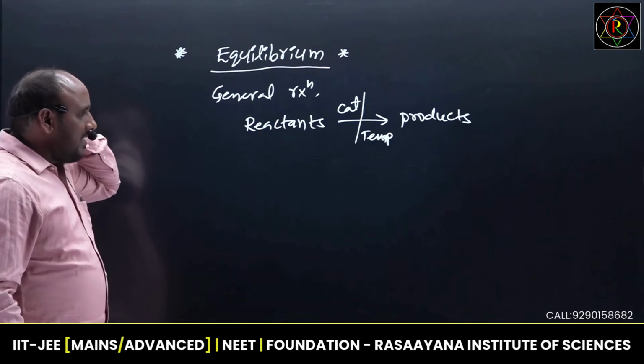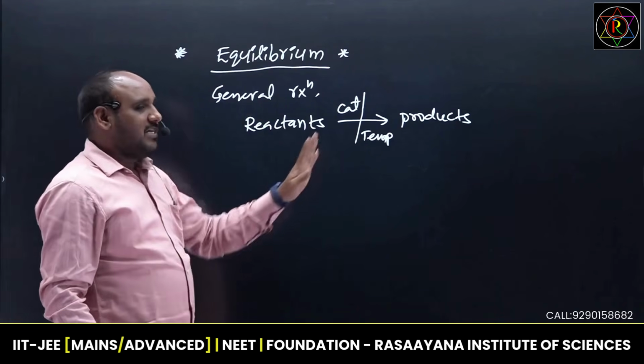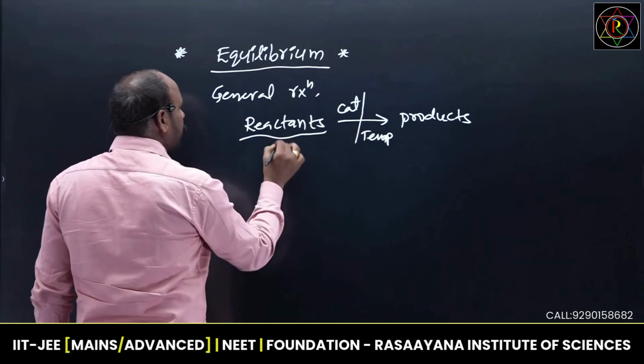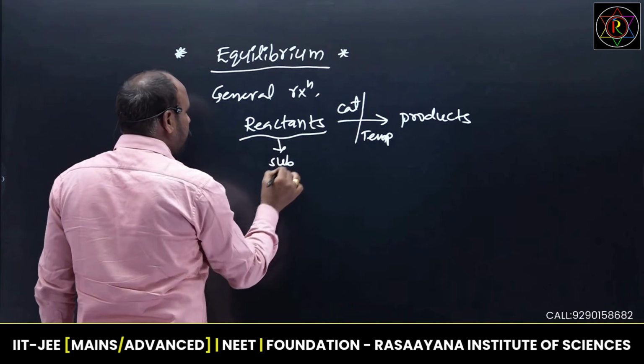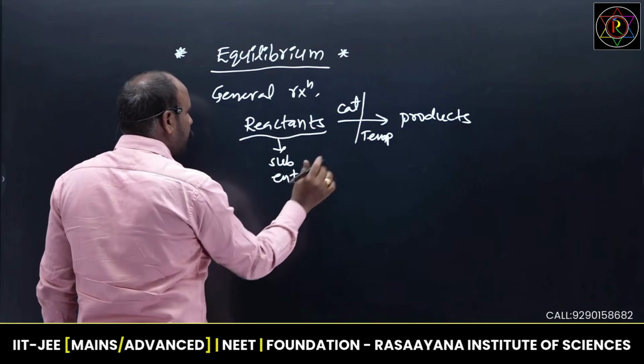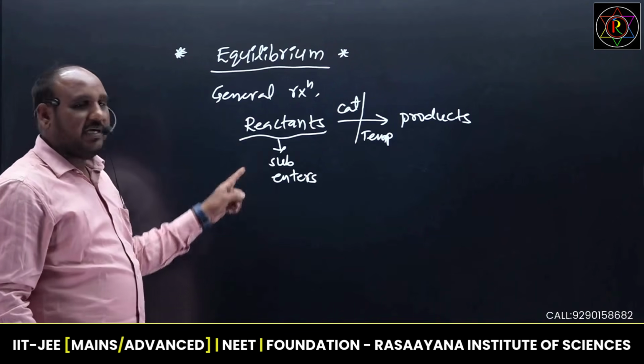So what are the reactants and what are the products? This is a chemical reaction. In this chemical reaction, the substance which enters into a chemical reaction is called the reactant.